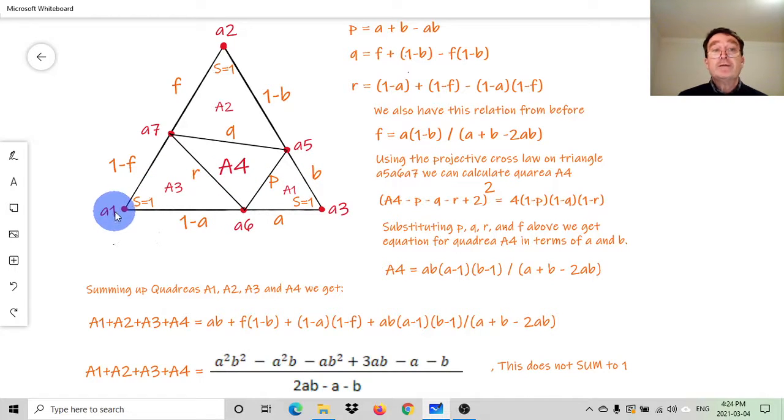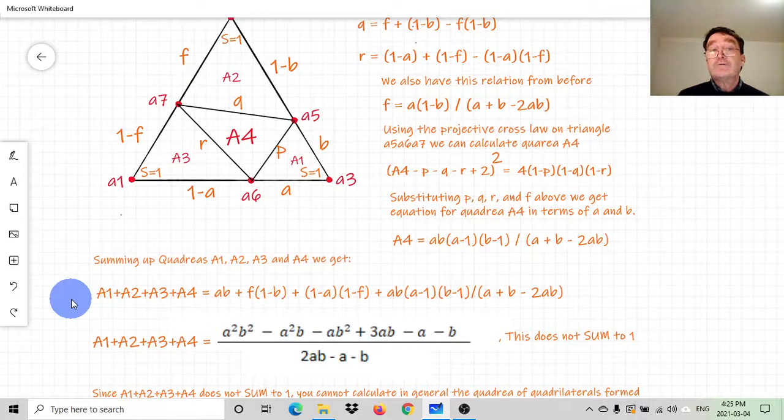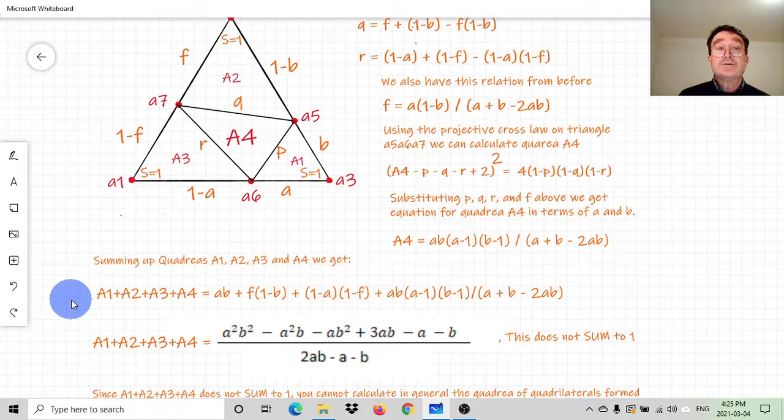Similarly, for this quadrilateral A1, A7, A5, A6, you can't just sum the quadria of A3 with A4, and same for the quadrilateral A2, A7, A6, A5, you cannot just sum the quadria of A2 and A4. So in general, you cannot just sum quadrias of projective triangles to get the quadria of a projective quadrilateral.